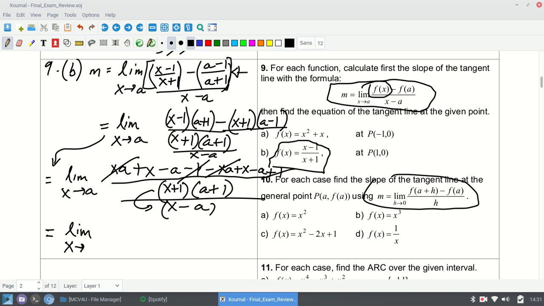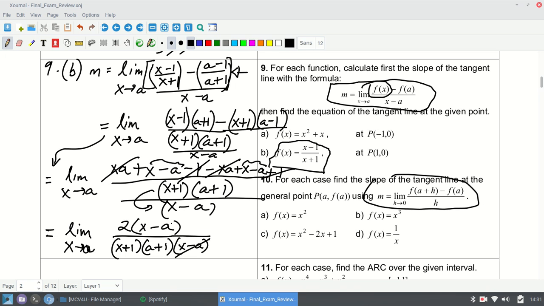And so I end up getting limit as x approaches a. And look, I get x minus a and x minus a. You add them together, you get 2 of those x minus a's, all over (x plus 1)(a plus 1)(x minus a).